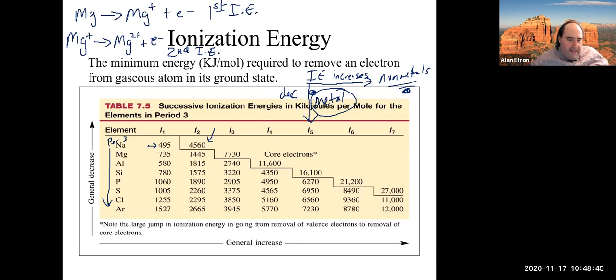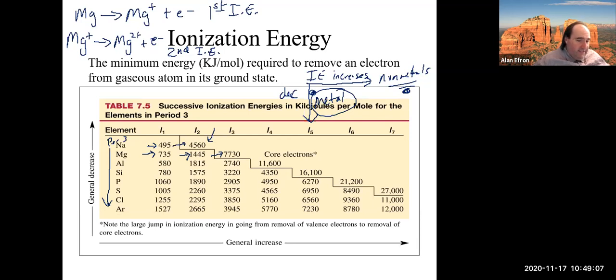Now we look at magnesium, it's 735 for the first one, and then it almost doubles to take off the second electron. And then if you want to take off the third electron, it goes up by a factor of 5 or 6, something in that area. Same thing here, take off the second electron for sodium.